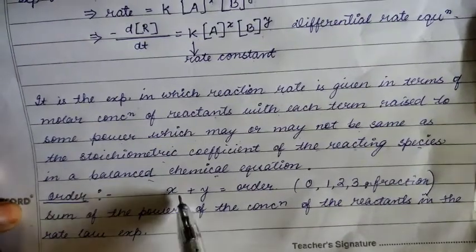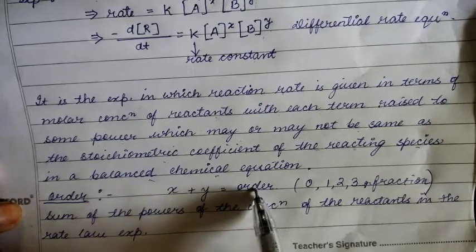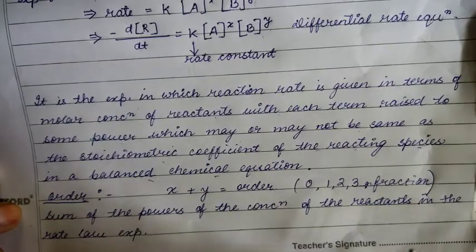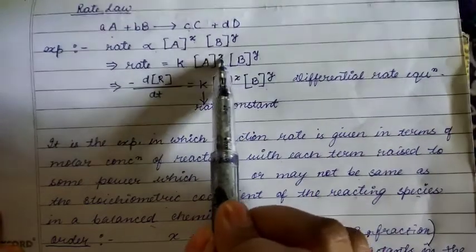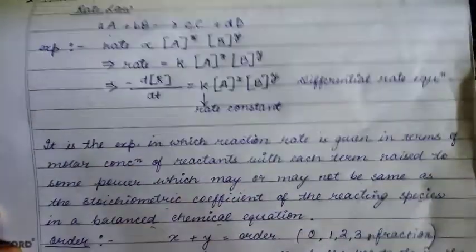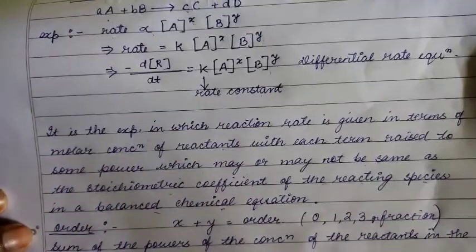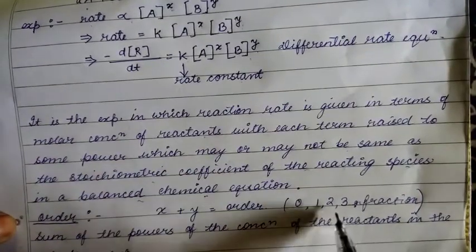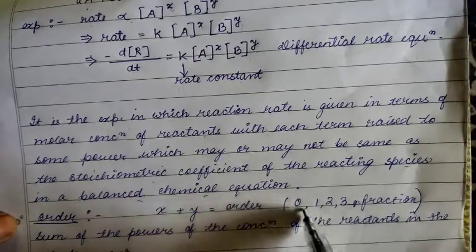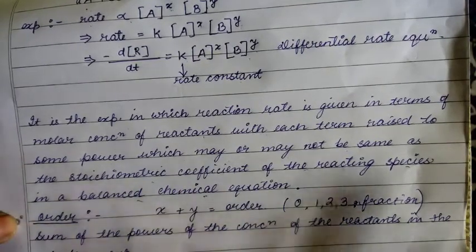What is the order? X plus Y equal to order. The order of a reaction is given by the concentration raised to the following powers. So X plus Y will give us the order of a reaction, whether it is zero order, first order, third order, and so on. So 0, 1, 2, 3, all these are what? Integers.